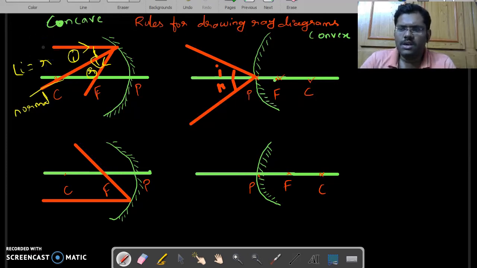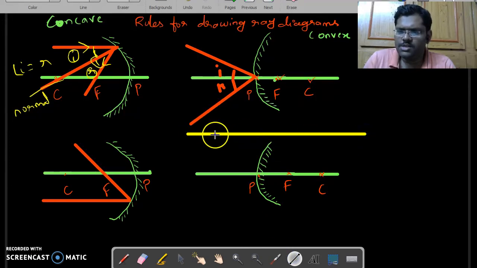So these are the rules for drawing the ray diagrams. You need to keep them in your mind very carefully. From the exam point of view, they may give half of the diagram and you need to complete it. For example, if I take this diagram, for this part, if I draw like this, they will ask you to complete the diagram.